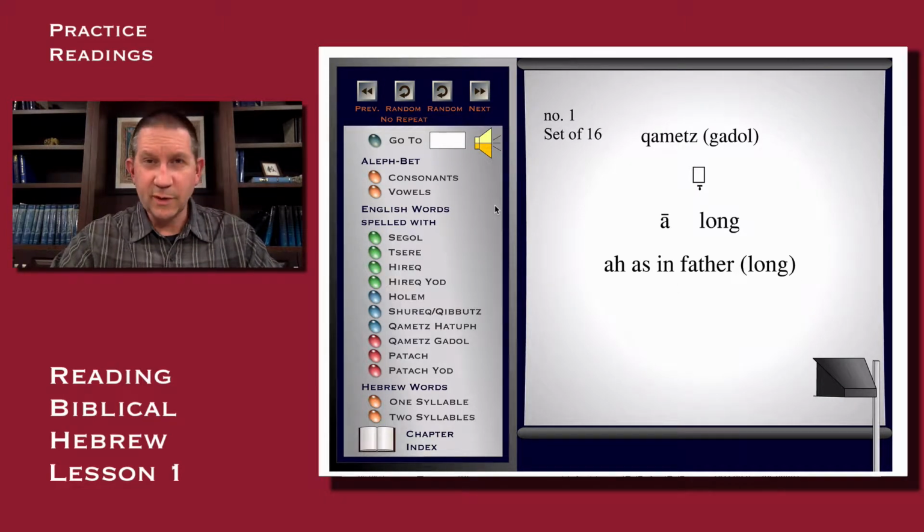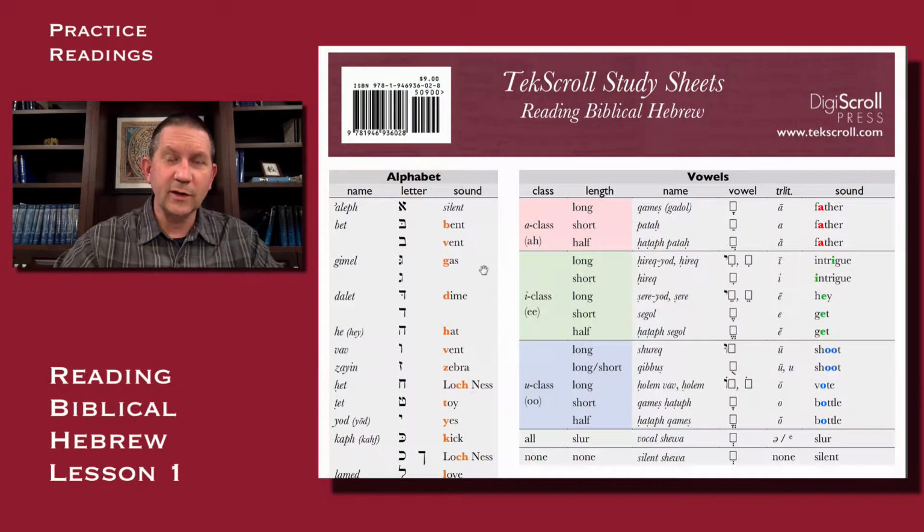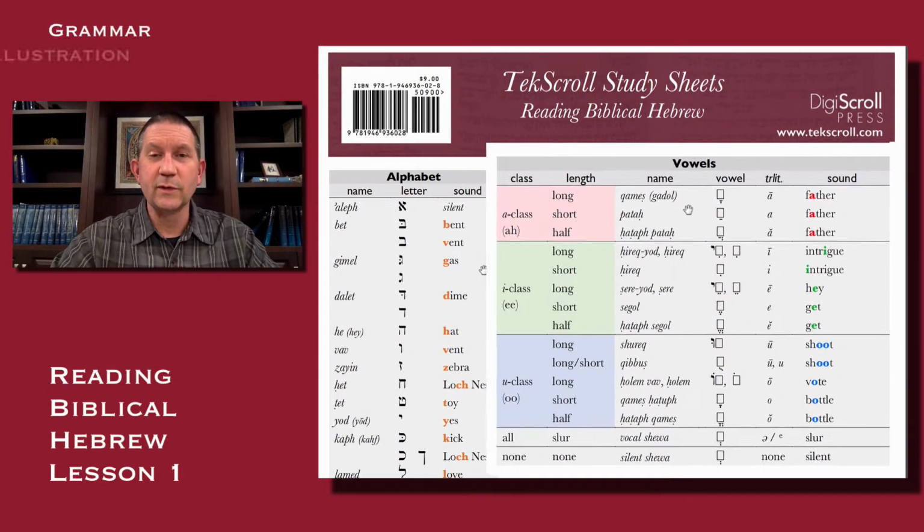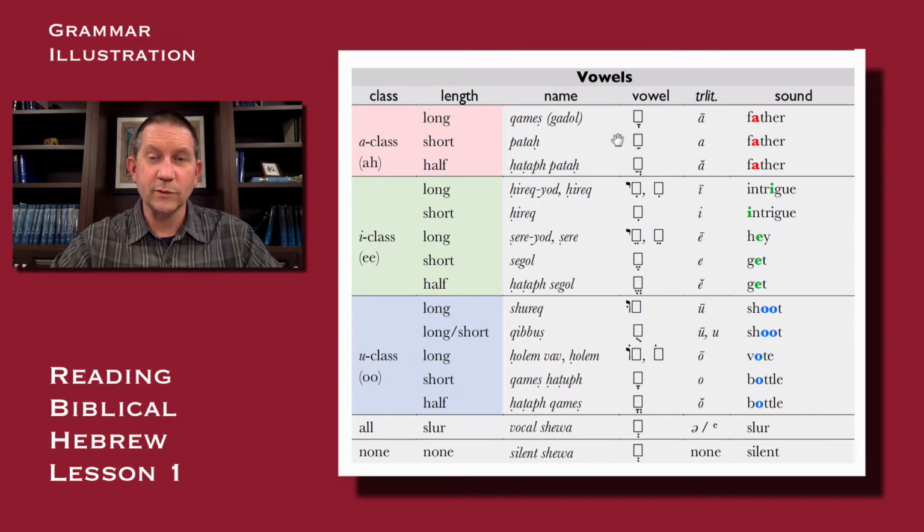But let's do the same thing with the vowels that we did with the consonants. Here we are back at our DigiScroll study sheets, and I'm going to read through the names of the Hebrew vowels.